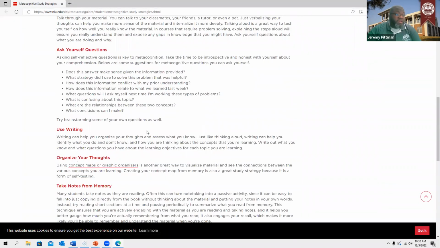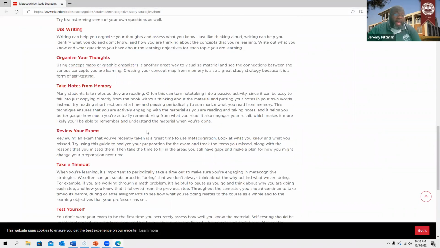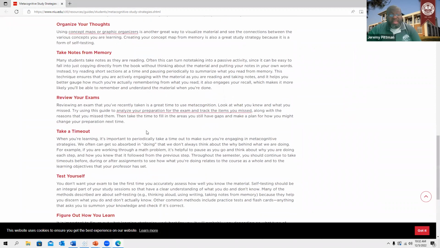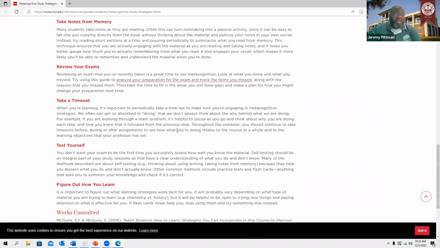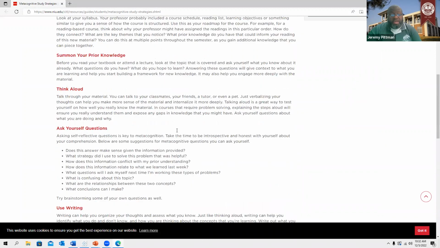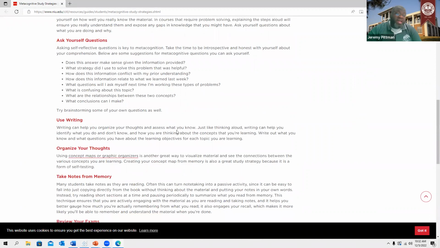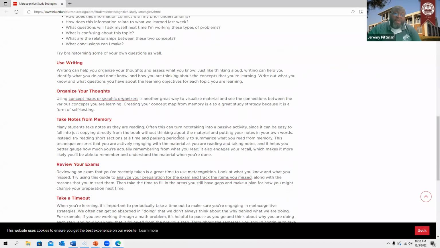There are some very, very good tips here. I have taken the opportunity to get in here and to actually share this page with my students and to go over this page at the beginning of the semester with my students to try to help them to understand some of the best strategies for taking a particular class. And I know there's a lot of courses out here that concept maps and graphic organizers would be real good.